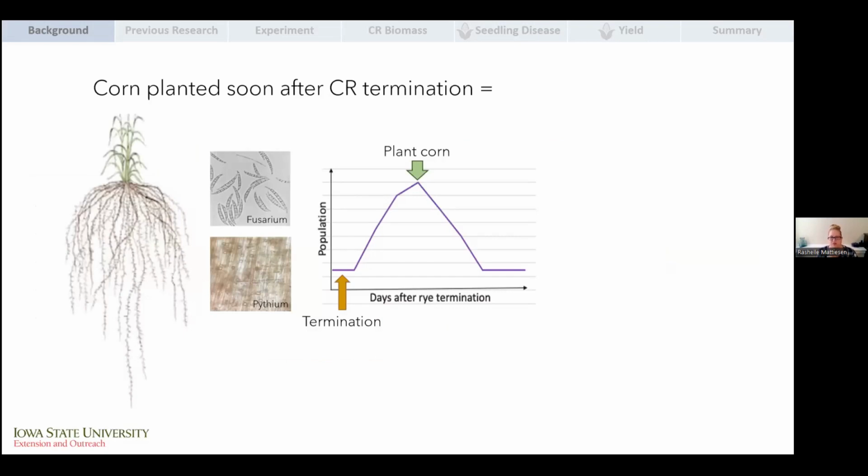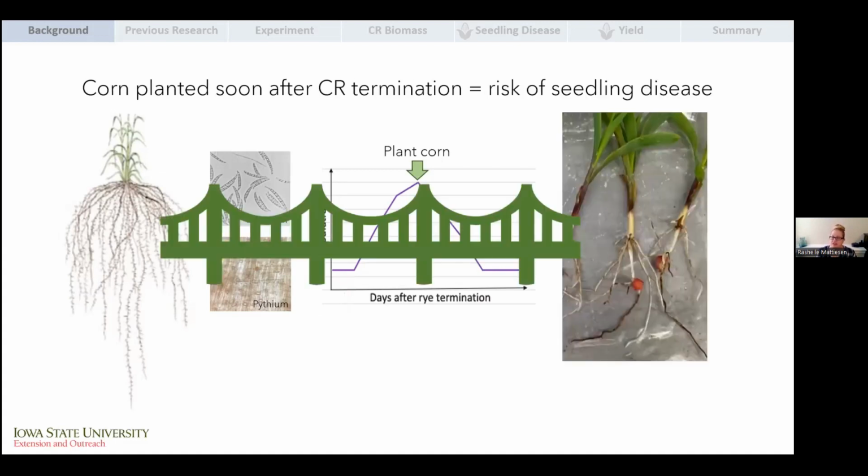And so I'm just going to briefly go over the green bridge, so some of you might know what that is. But what we're looking at is when you terminate your cover crop, then when you plant corn soon after that cereal rye termination, Allison likes to mention that you're planting into a petri dish of pathogens. And then what can happen is you get seedling disease.